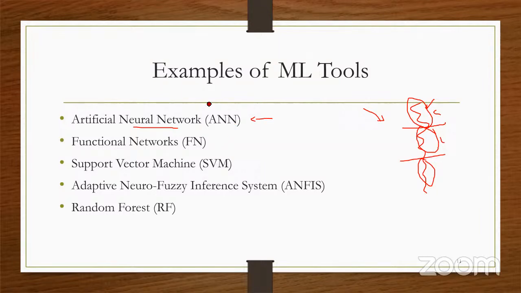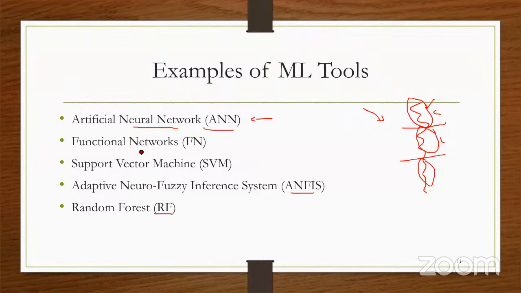An example of a machine learning tool that has been used in the industry, and a lot of people are using it, is the artificial neural network, which is going to be our focus today. There are other machine learning tools like the radial basis function network, support vector machine, adaptive neuro fuzzy inference system, which is ANFIS, random forest, decision tree, gradient booster regressor, and multilinear regression.